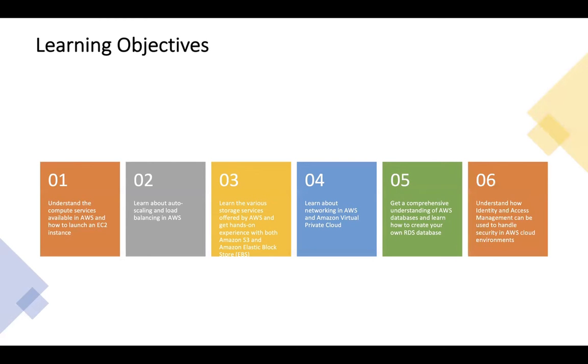The last but not least is identity and access management, which can be used to handle security in the AWS cloud environment. After creating EC2, load balancing, S3 buckets, creating the network, and connecting the application to the database, the main factor is who is the authorized person to do activities on any of these structures.